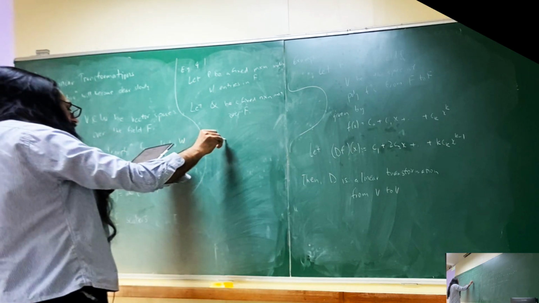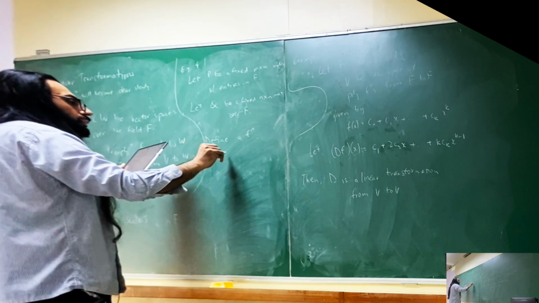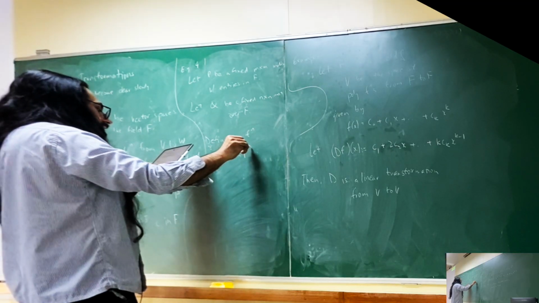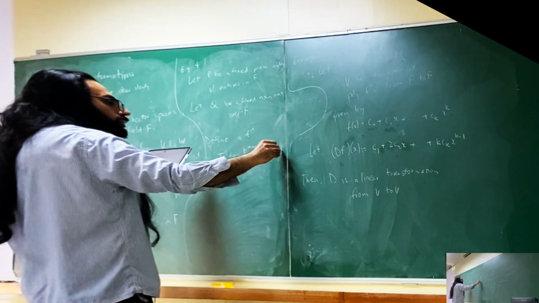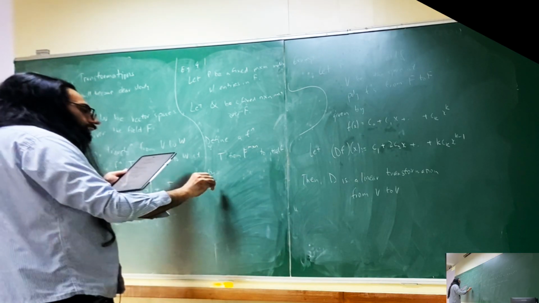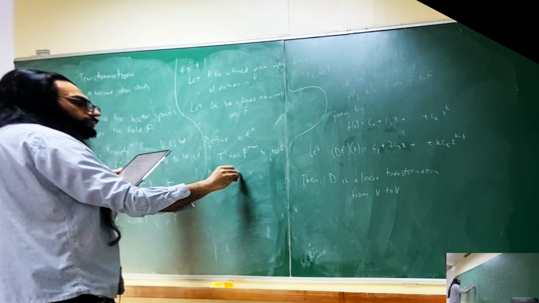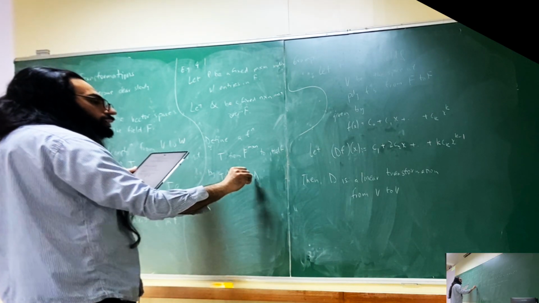Here, we are going to define the function T from F^(n×n) to itself by the following: T of A is defined as PAQ.